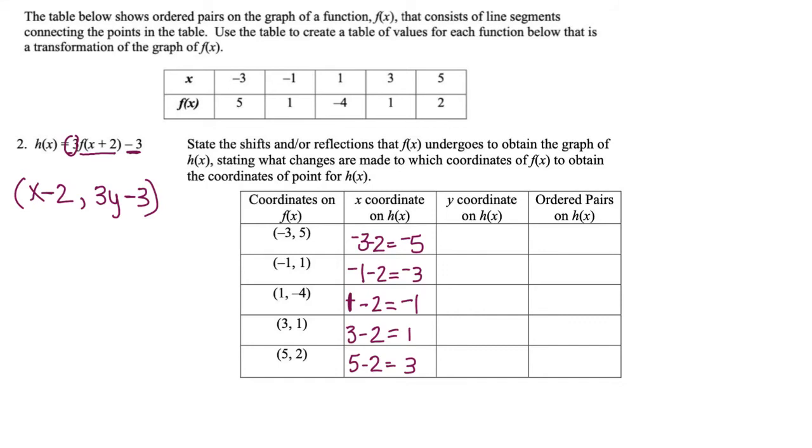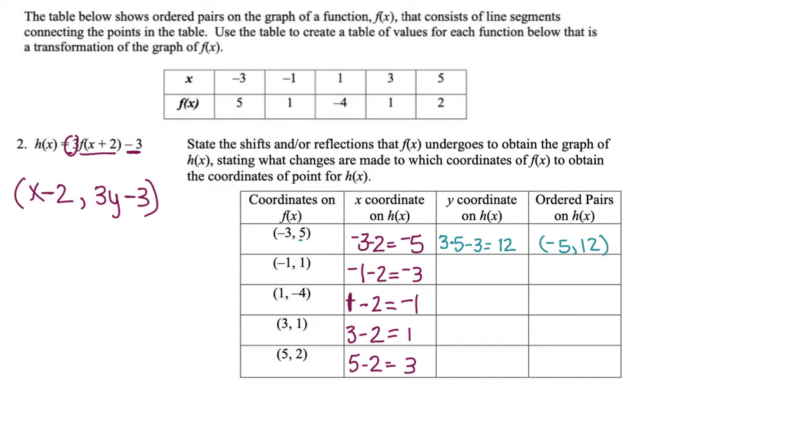Now for the next one, the y, you're going to multiply by 3, then subtract 3. So let's see what we get from there. We're looking at 5, and so we're going to say 3 times 5 minus 3. That's going to give me 15 minus 3, so 12. So that ordered pair is negative 5, 12.